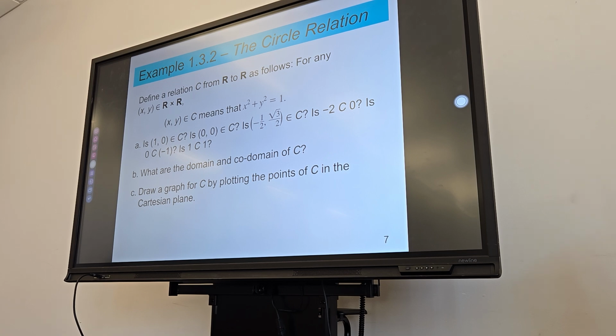So the domain and codomain of C are both real numbers. Draw a graph for C by plotting the points of C in the Cartesian plane. Anybody recognize that equation?